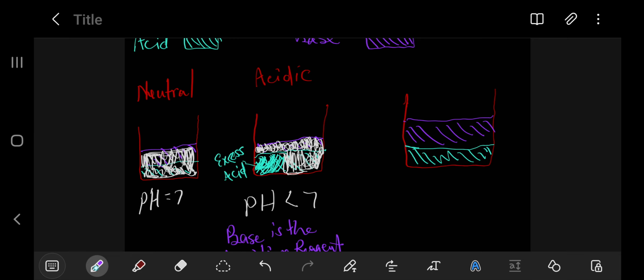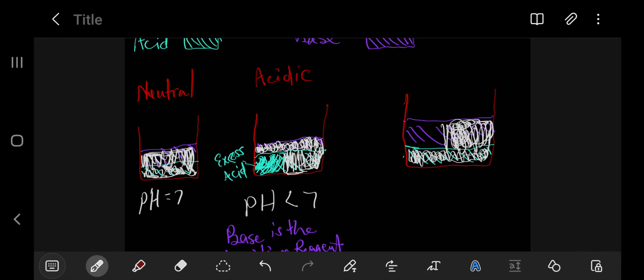All right, and at the end of the day, the acid reacted with this portion of the base. So this was neutralized. The whole amount of acid is neutralized with this amount of base, right?